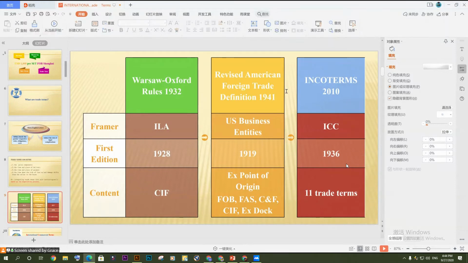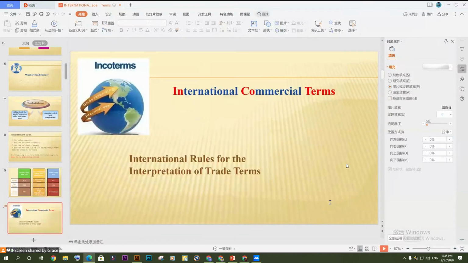Now we use the version published in 2010, so we call it Incoterms 2010. In this international practice, there are 11 trade terms. So let me show you what they are.